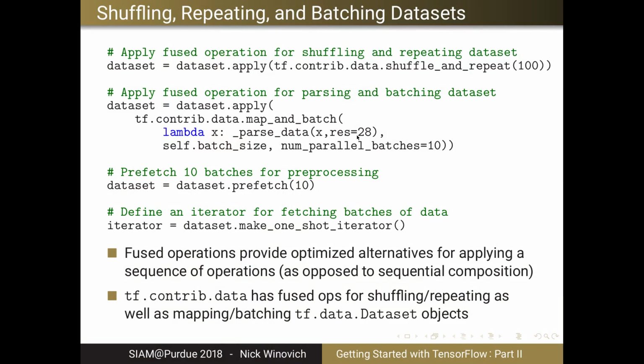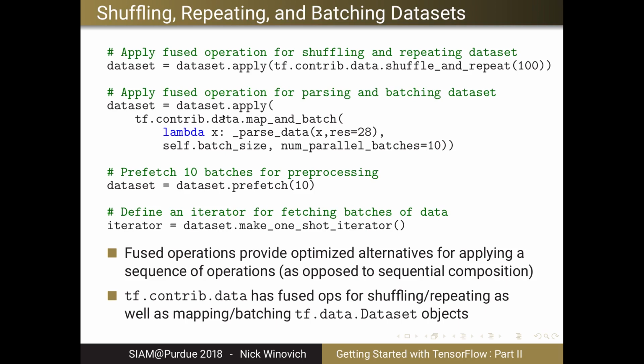This is provided to us in TensorFlow in the form of fused operations. A fused operation does exactly as I mentioned: operations run in parallel to some degree. It's a more efficient way of applying these than in series.